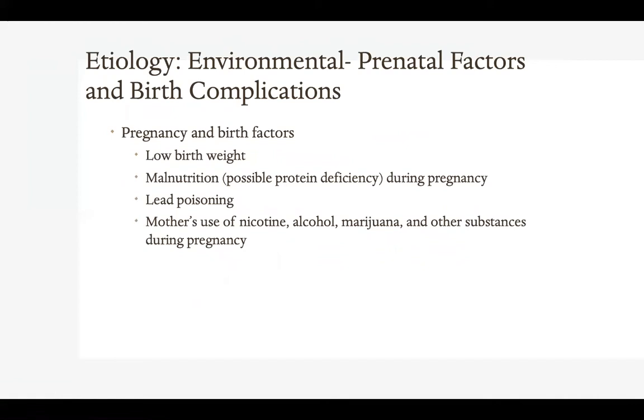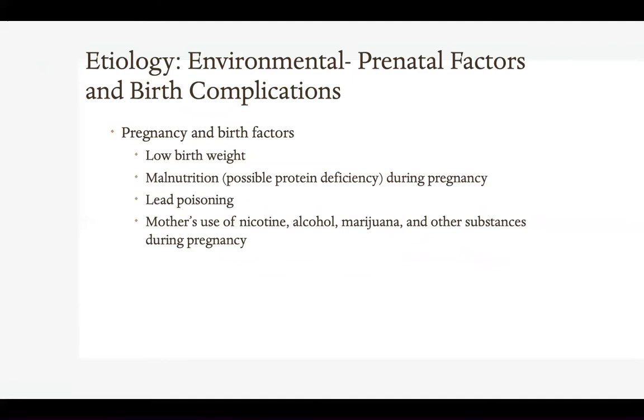And we do also have some prenatal factors and birth complications. So perhaps low birth weight may play a role in conduct disorders. Again, why would someone have low birth weight? Perhaps because of a particular teratogen that may have played a role, which could include malnutrition from the mother.